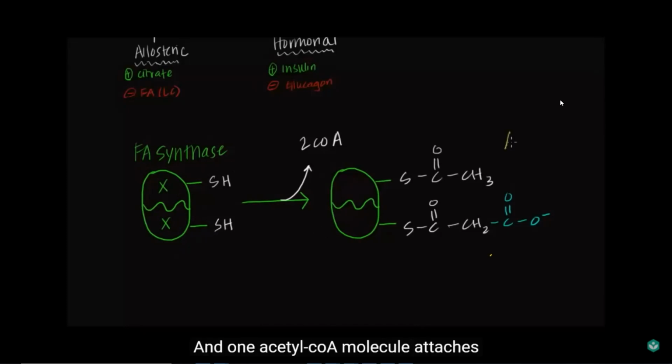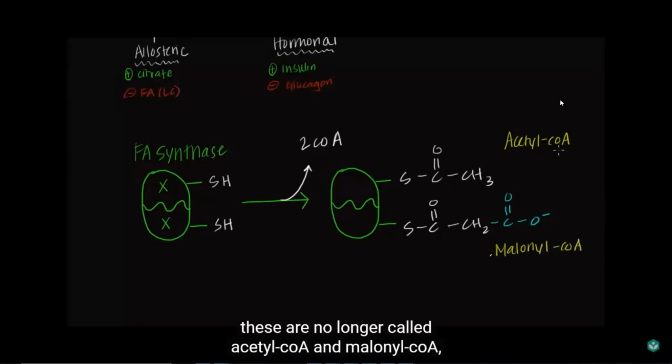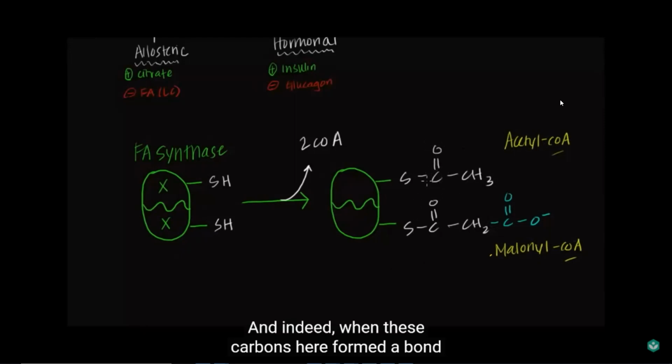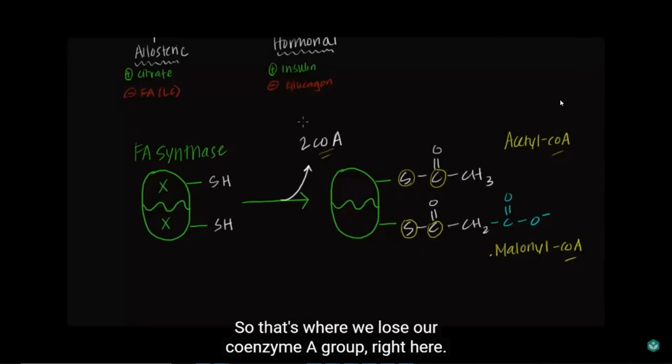One acetyl CoA molecule attaches to one of those sulfur groups, and the malonyl CoA molecule attaches to the other sulfur group so that they're in close vicinity of one another. Obviously these are no longer called acetyl CoA and malonyl CoA because you can notice here that there's no coenzyme A anywhere. Indeed, when these carbons formed a bond with the sulfur atom on these enzymes, they lost their coenzyme A group. So that's where we lose our coenzyme A group right here.